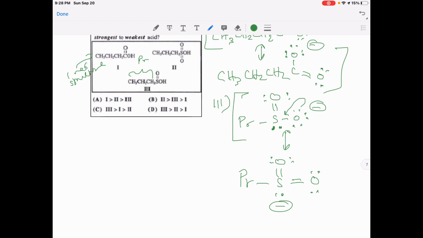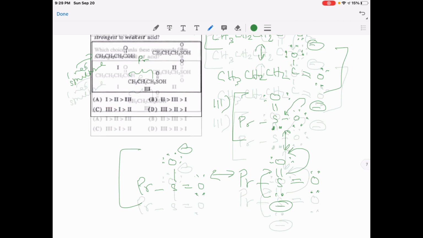Let me just go ahead and move that lone pair, and we get the structure. So we actually get 3 resonance structures.